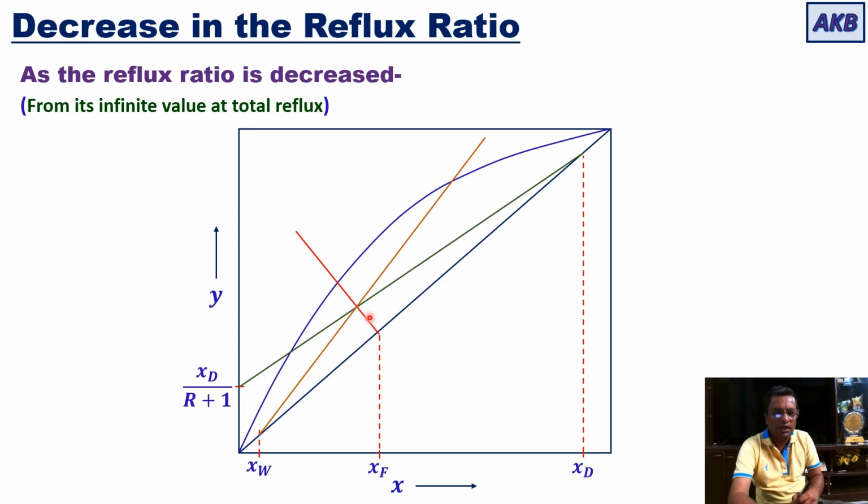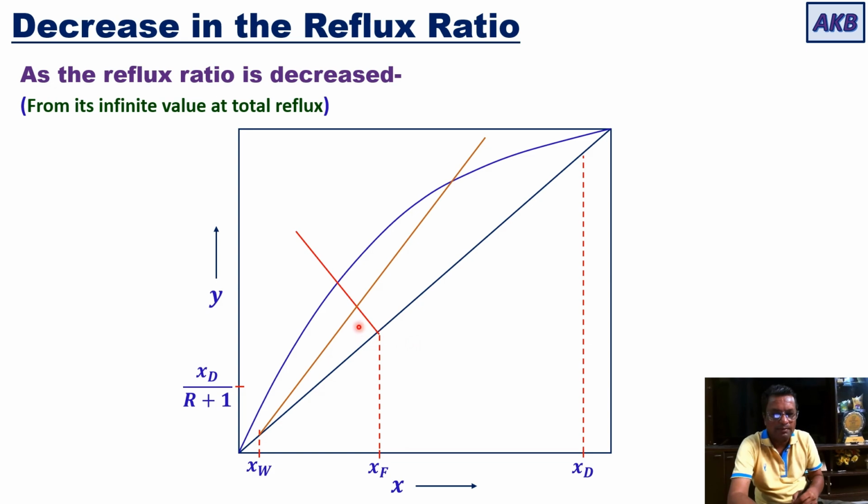Okay. So now we are discussing what is happening if the reflux ratio is decreasing. As understood earlier, if you first talk about the rectifying section line, its slope is going to decrease and it is going to become more horizontal. And in that process, it will be moving towards the equilibrium curve. Okay, so let us see.